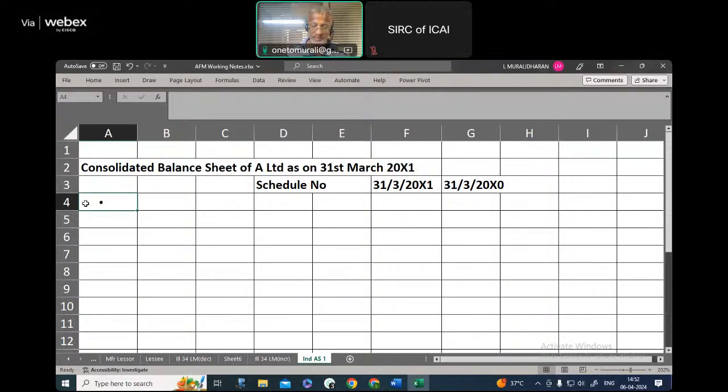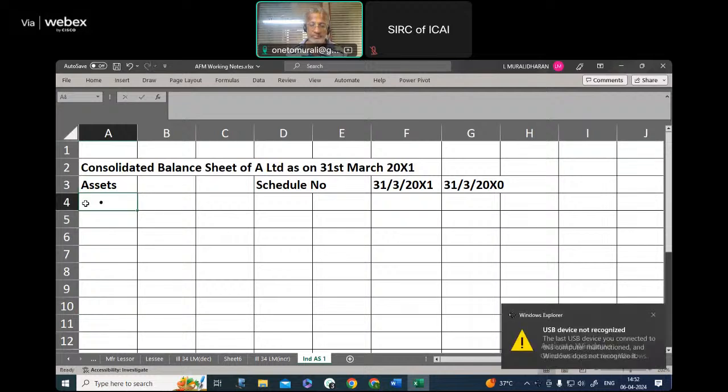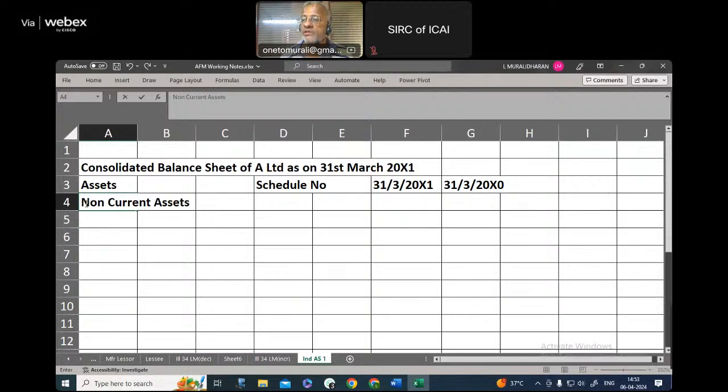first item, we will title it out as asset side. Next item, non-current assets firstly. Non-current assets, we will take up schedule number 1. Then comes non-current assets.